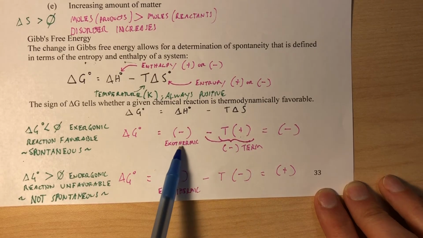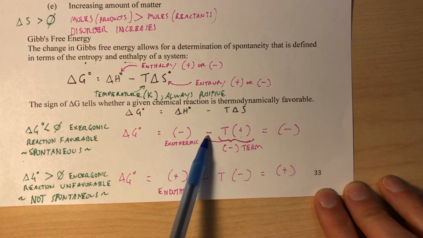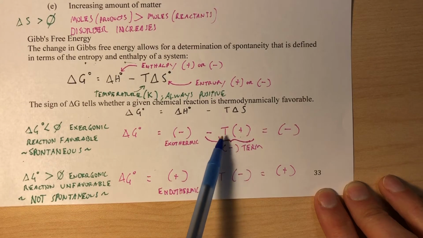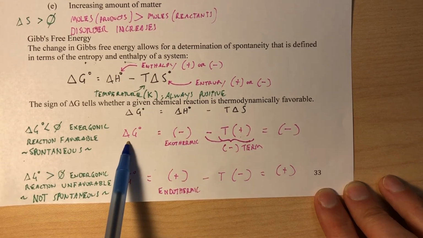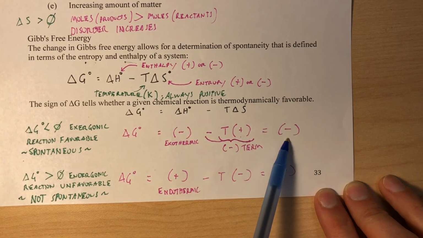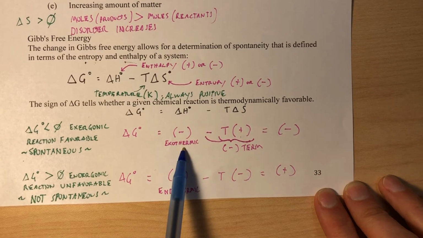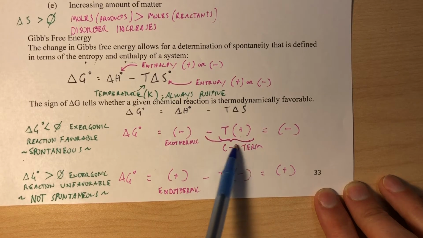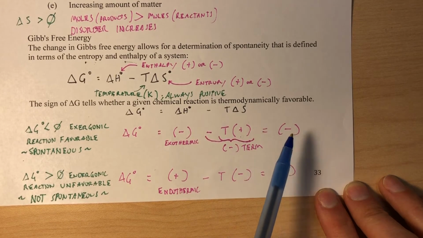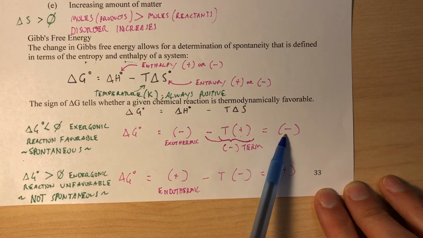In that situation, we have a negative value and we are subtracting a positive value. If T is always positive because it's in Kelvin, that means that in this situation, delta G is always negative. If you have a negative value and you subtract an overall positive term, this whole thing over here is a negative, so we always end up with a negative value here.